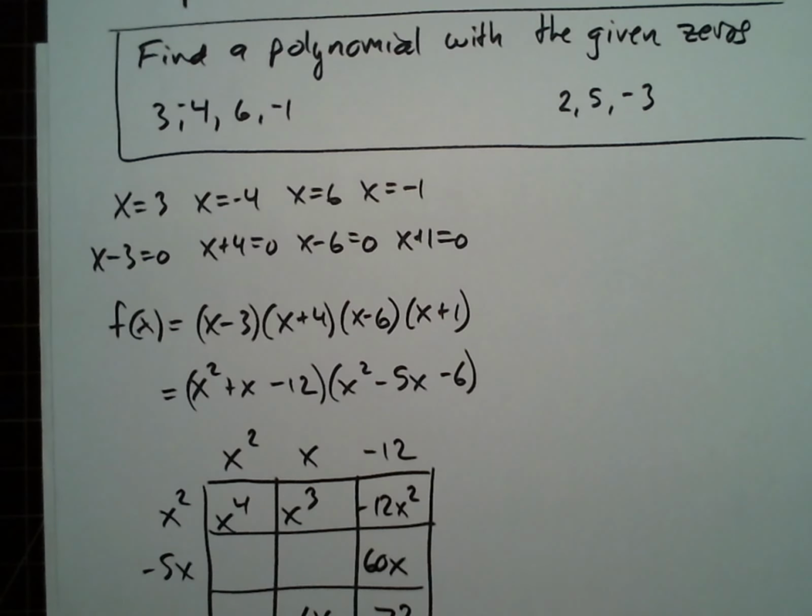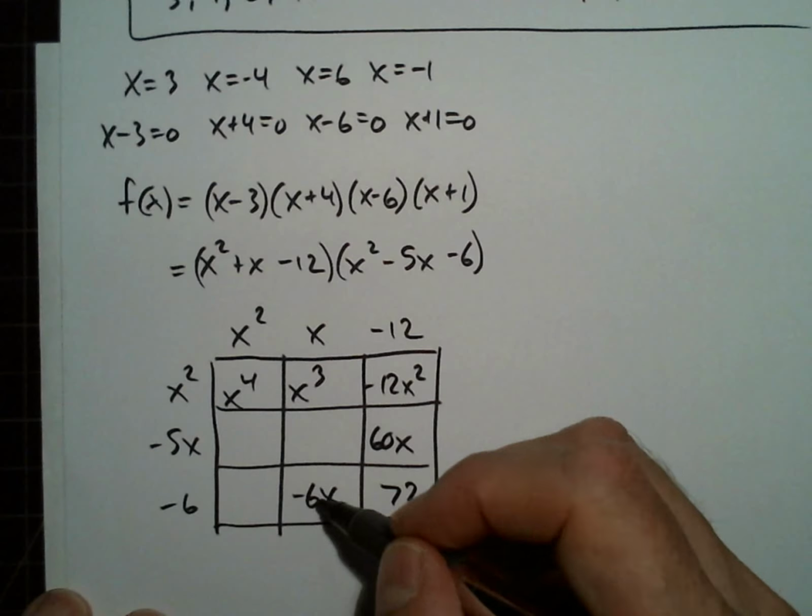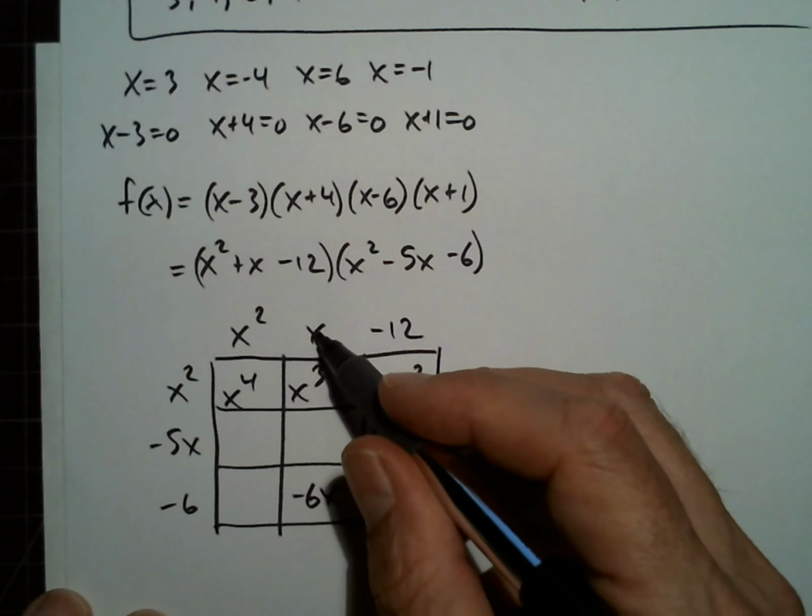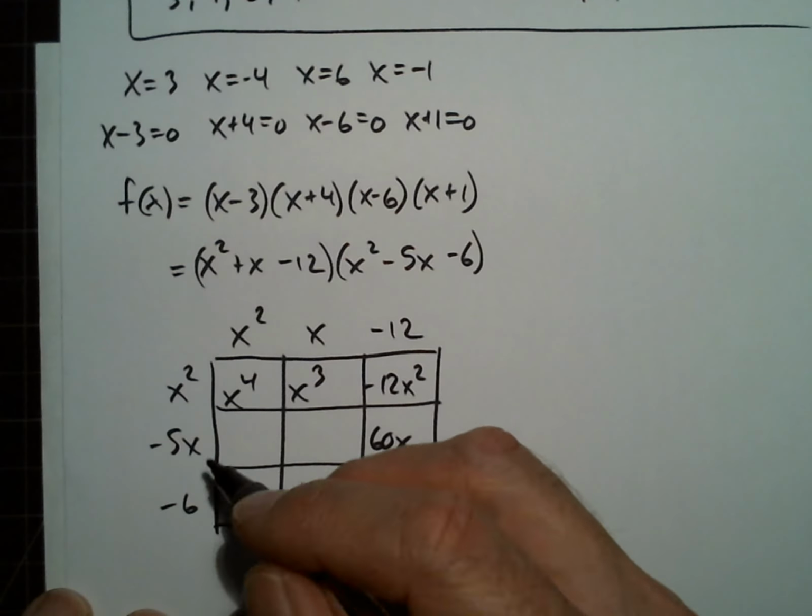So each of these boxes is the product of what's above and to the side.